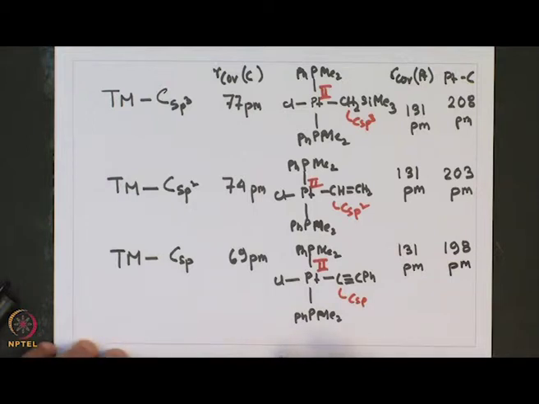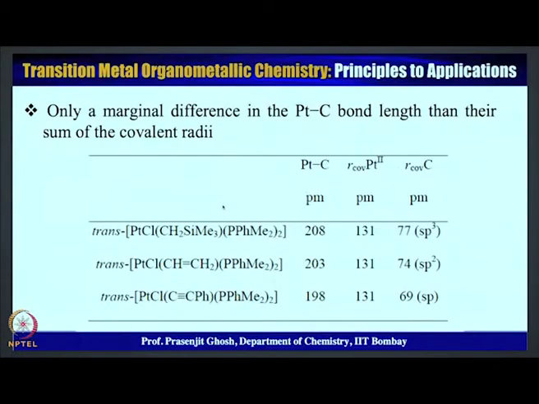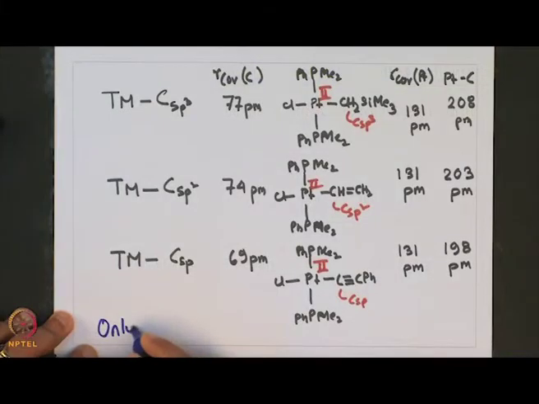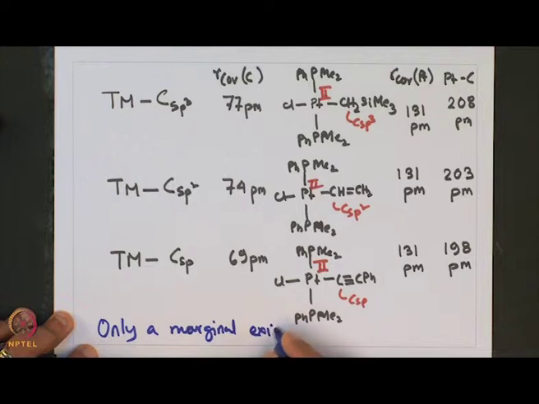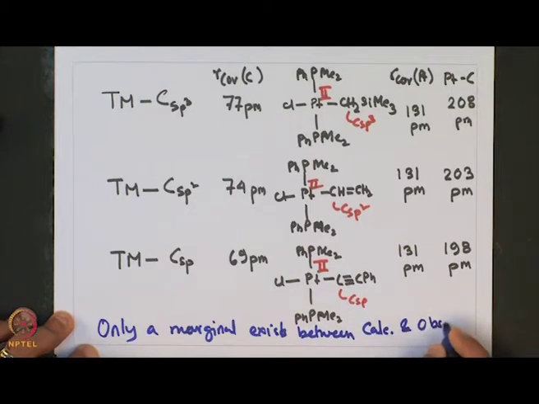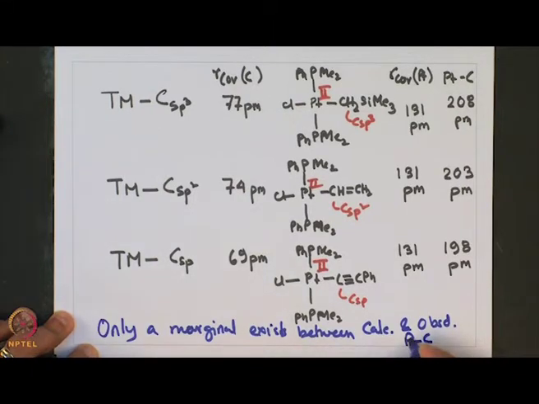So, only a marginal difference exists between the calculated and observed platinum carbon bond length.